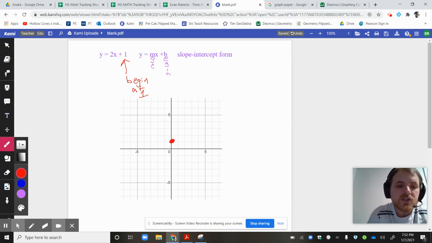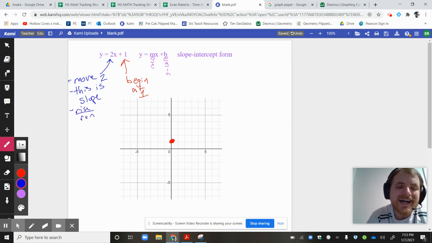Then the 2, that is in the move spot. So 2 is telling me how to move. When it says move 2, really what we need to remember is that this is slope, and slope is rise over run.